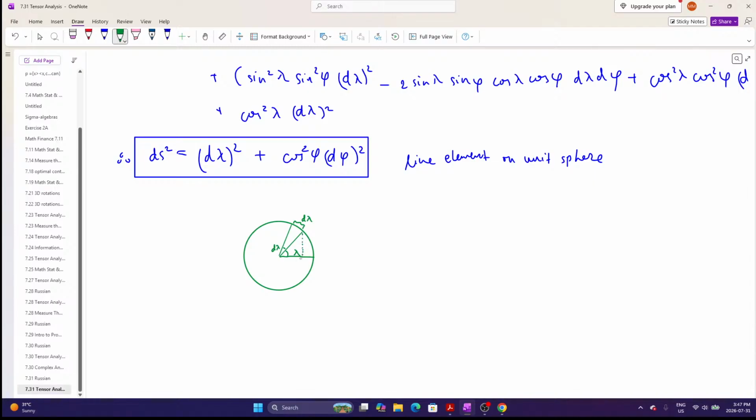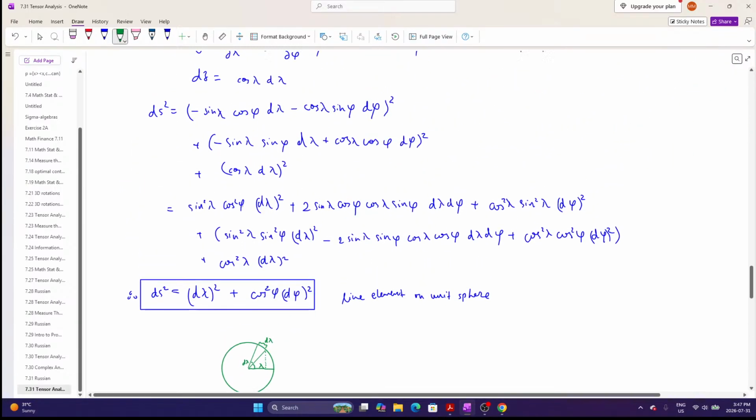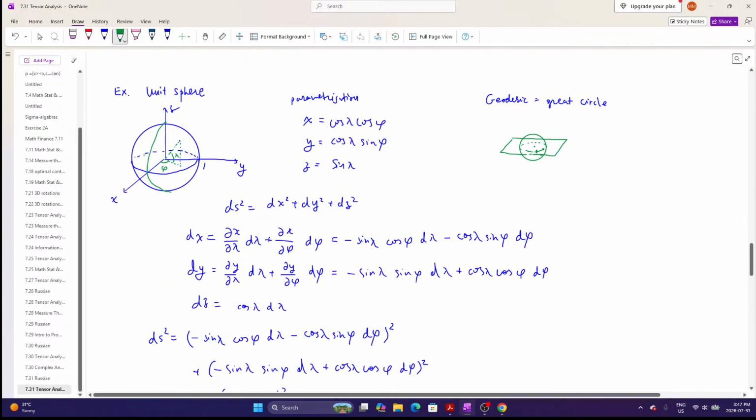Now let's consider if you fix lambda but change phi. What kind of infinitesimal distance does it traverse on the sphere?